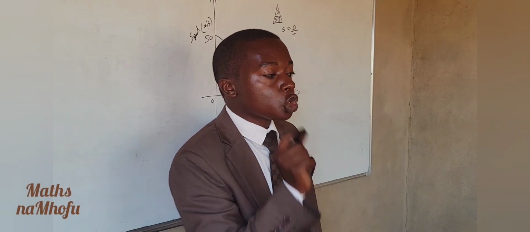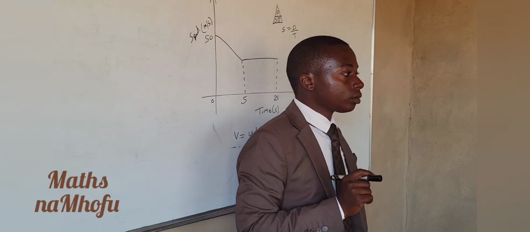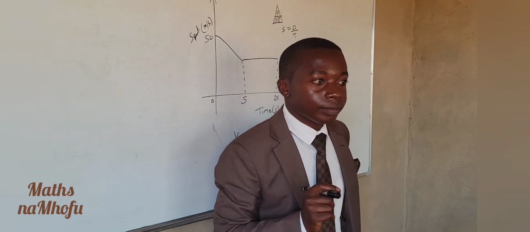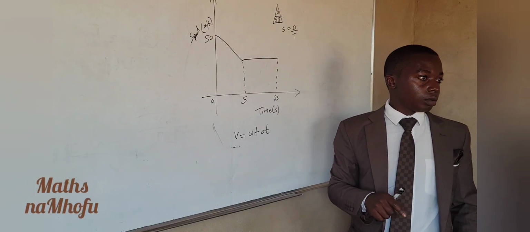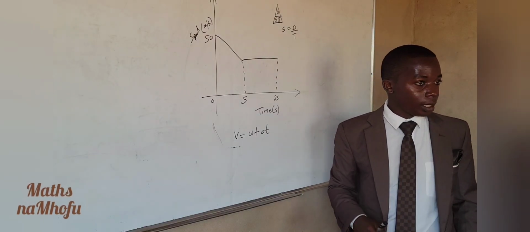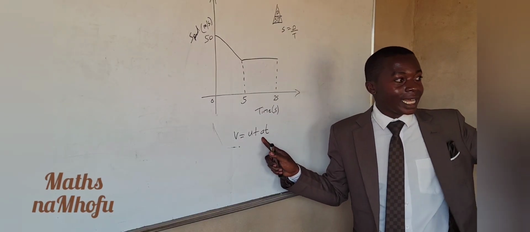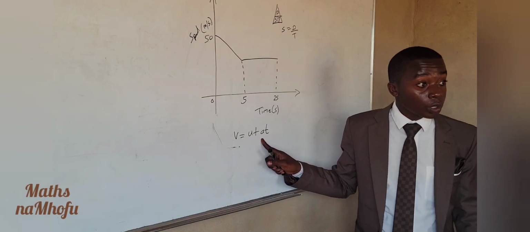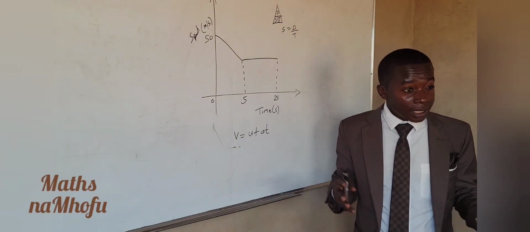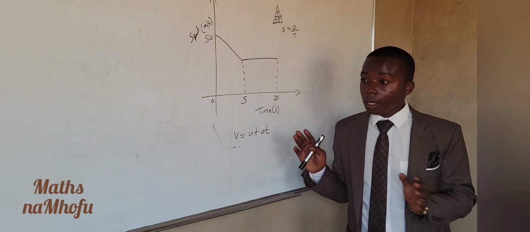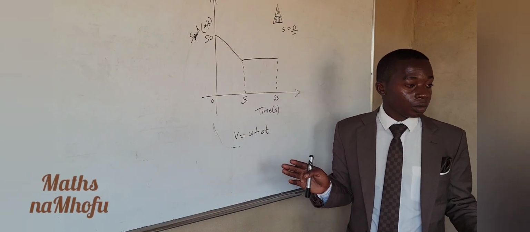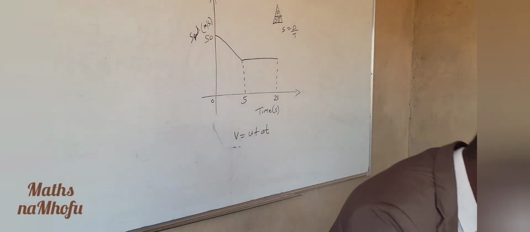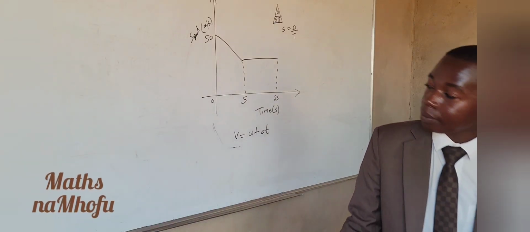A represents acceleration, but when it is negative, it is deceleration. Then T is time.